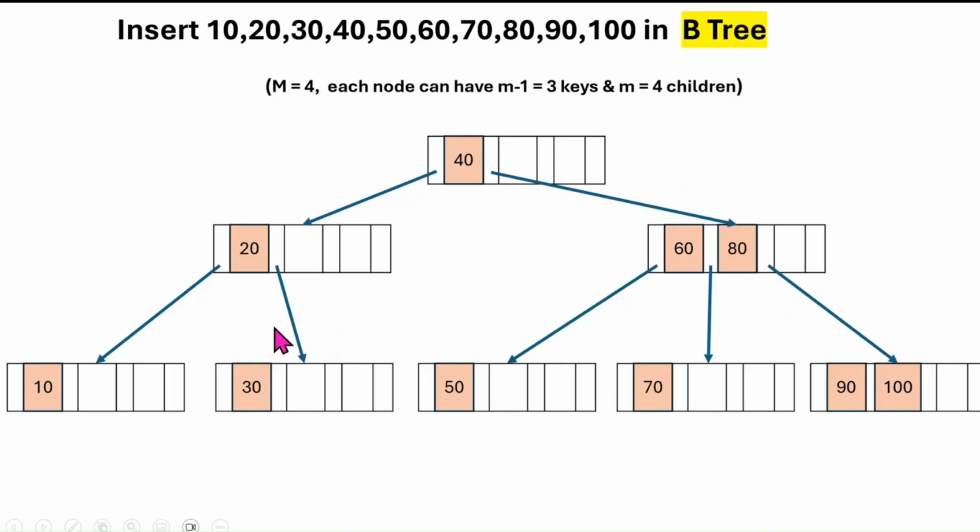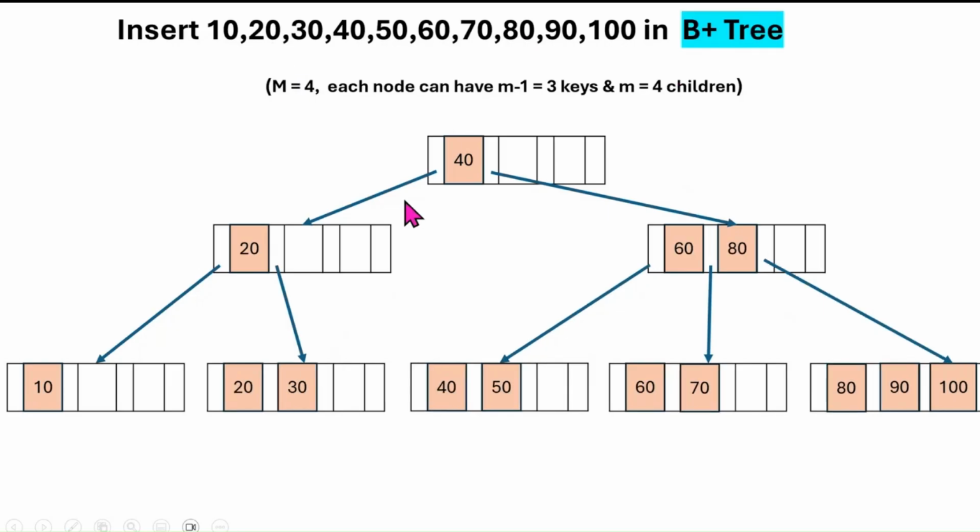But in a B plus tree, the same numbers, when we insert them, will be represented like this. One thing you can observe is that all the values are present at the leaf nodes, and we can see duplicates here. In a B plus tree, the internal nodes only contain the key.